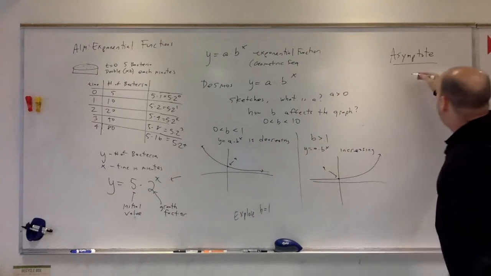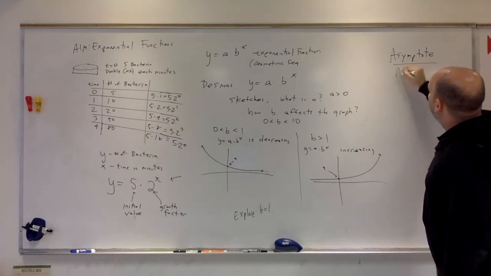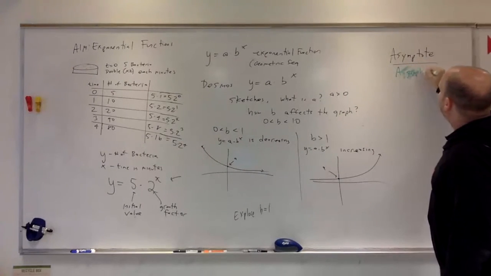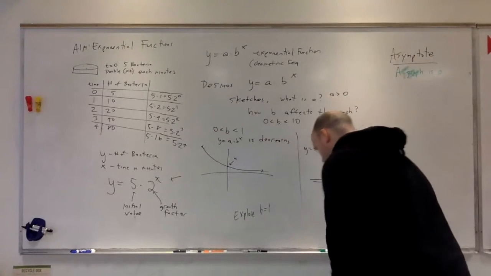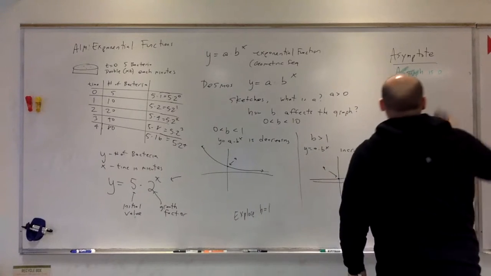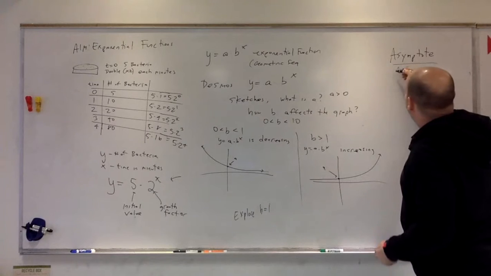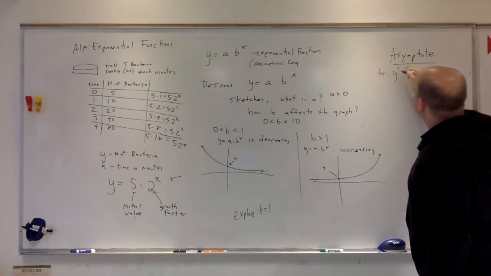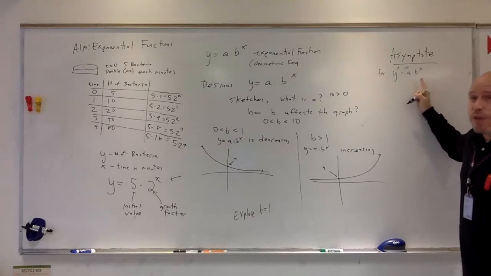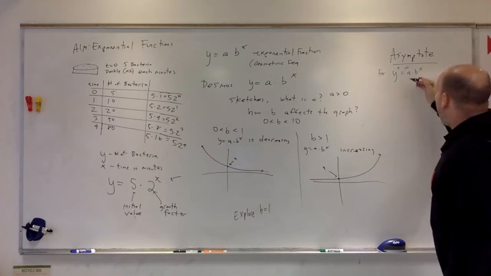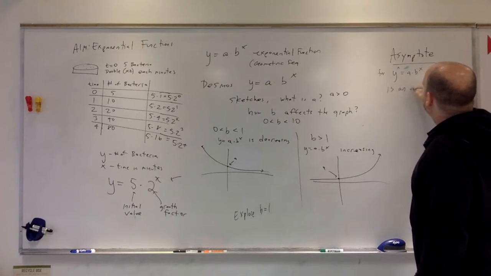So right here, the idea is we have an asymptote for y equals a times b to the x. For us, y equals 0 is an asymptote.